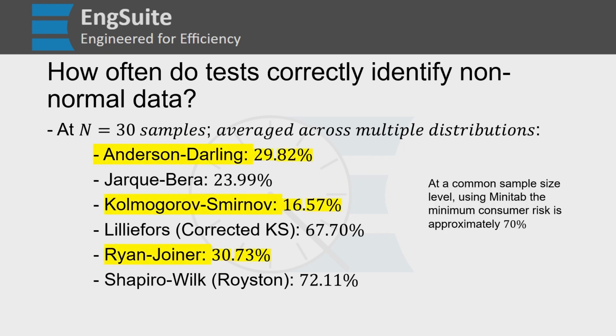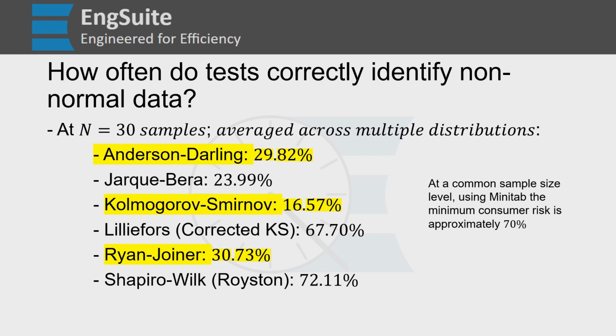So let's take a look at the Anderson-Darling, KS, and Ryan-Joiner. These are the only 3 normality tests that are available in Minitab, which is a very common software in the engineering industry. And these are the only tests it offers. The best you can do at the common sample size of 30 is a minimum of 70% failure using these at 30 samples.